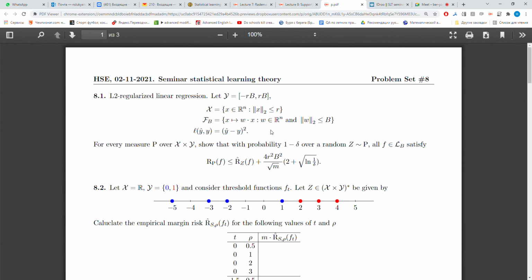The first one, as you can see, is dedicated to our terrible inequalities.